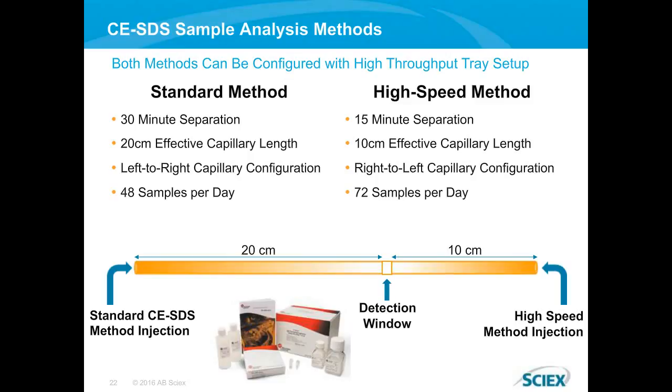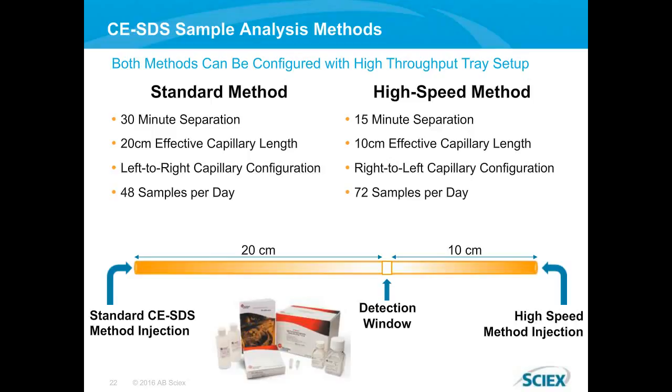The nice thing about this, not only can you run faster, so you're going to cut your separation time in half, but you can also increase the number of samples you can do per day. So your throughput goes up to about 72 samples per day, up from 48 previously with the standard method. And again, this is just a method optimization.